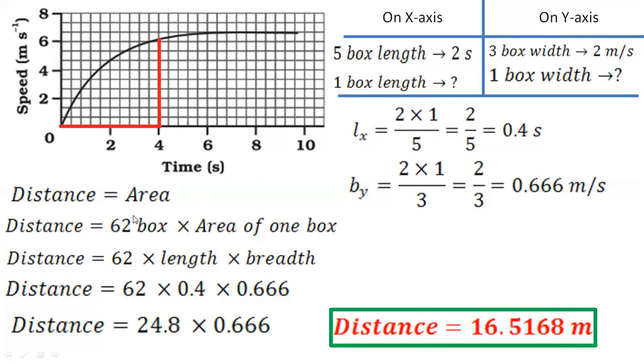I am not expecting that much accuracy, but at least it should be near. I can give you a relaxation of 2 boxes. It can be 64 or it can be 60. But don't expect leniency from me if your box count is just 50 or more than 70. That kind of inaccuracy won't be given any marks.